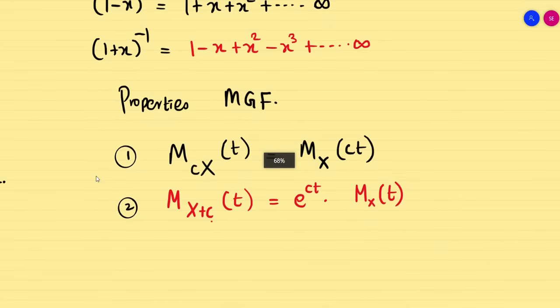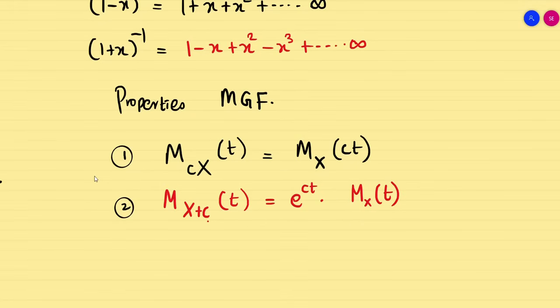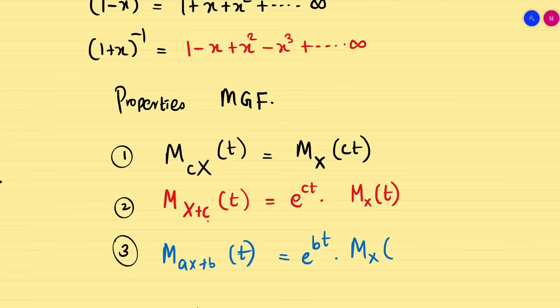Now suppose I give M of aX plus b at t. Then we write e power bt, and the a goes inside: M_X of at. Hope you understand what I am doing here. a and b are constants, that is very important.